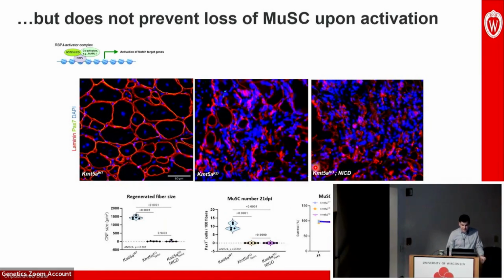Unfortunately, what we did not prevent is the loss of muscle stem cells or restore their capacity to contribute to regeneration. You can see here again wild type, knockout, and double knockout. No stem cells contributed to regeneration, and there were no surviving cells, whether in vivo after regeneration or even in culture. Those cells basically died after a few days.